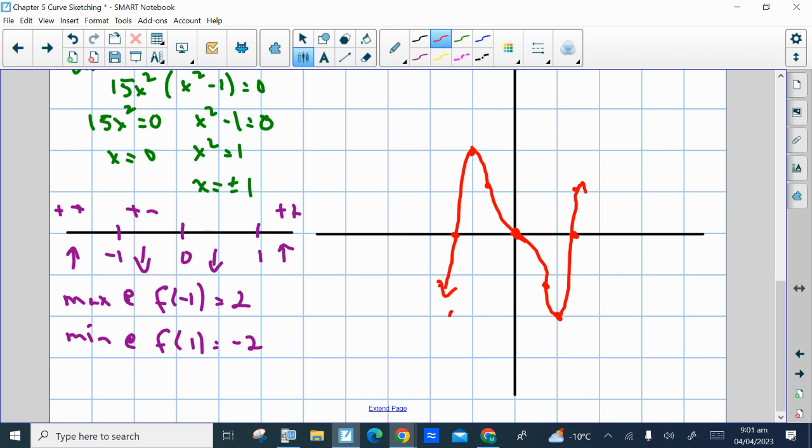Okay, so there is the graph of that function. So we didn't graph any fifth degree polynomials in 30-1, so again, the use of the first and second derivative is a real advantage.